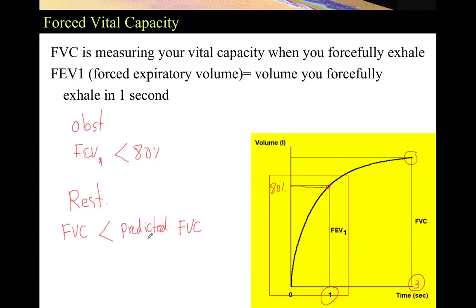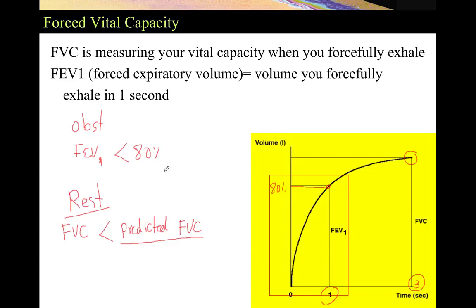So we have lots of charts that give us this predicted forced vital capacity based on our age, gender, height, etc. If the number we get in those 3 seconds after we take this breath is smaller than what is predicted for our age and gender, that means you have restrictive pulmonary disease. That means your lungs are not carrying enough air.